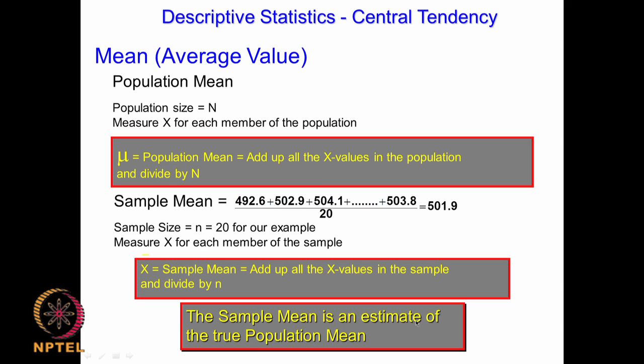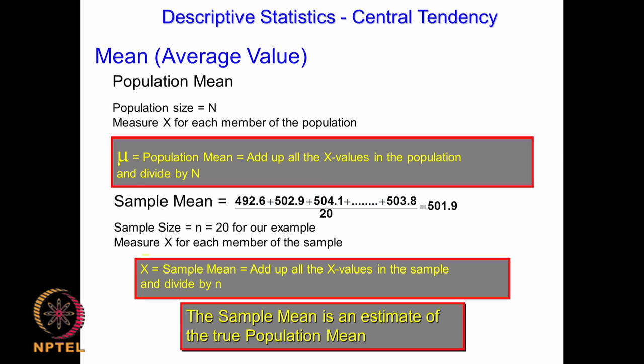Like I said, I take 10 bolts and then measure their diameter, take an average, that is x bar. Now, mu is the real population mean, where I say the bolts in my factory are 20 mm of size. Now, how close is this x bar to mu?